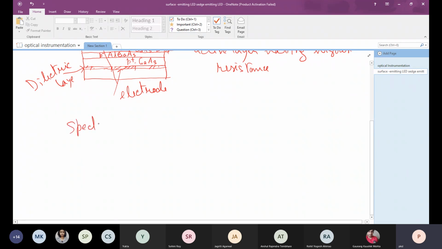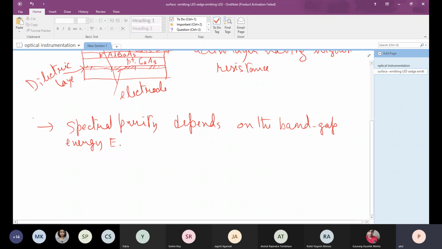Now, spectral purity mainly depends on the bandgap energy Eg, and this can be mapped to a corresponding lambda g, that is the bandgap wavelength, and its temperature dependence.